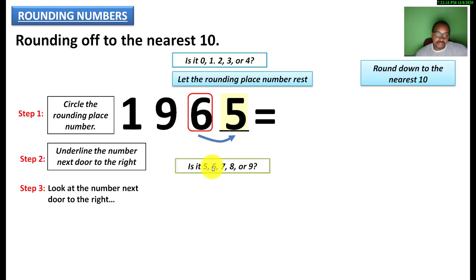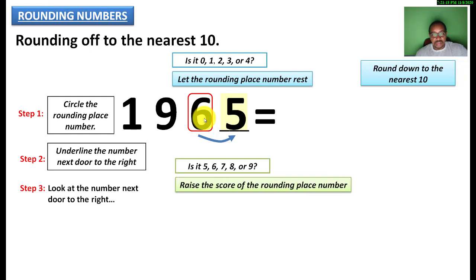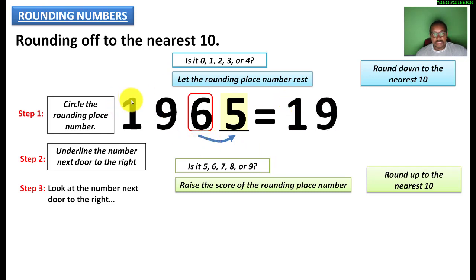It is a 5. So this number has to be raised, and we round up to the nearest 10. So what do you do now? Bring these two numbers over, the 1,000 and the 900. Let's deal with this now. Because this number is a 5, it falls in this rule, you raise the score of the 6 to a, what do you think?